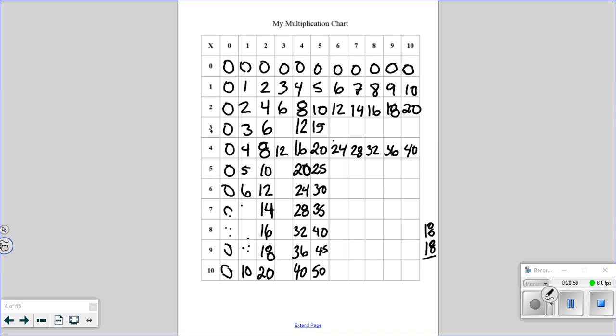Is there anything else we can solve on this multiplication chart? Mason? 5 times 11. I don't have 5 times 11, but we could solve that. On this chart, is there anything else I could solve?